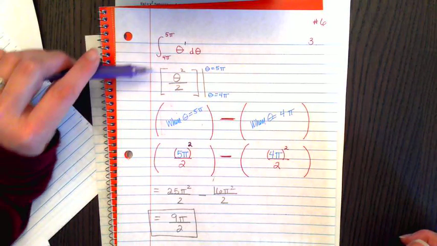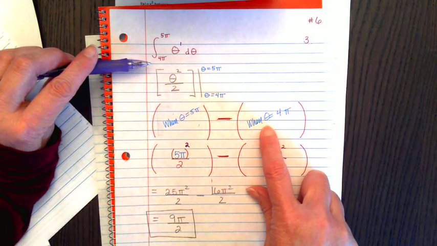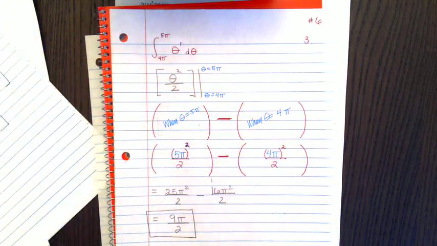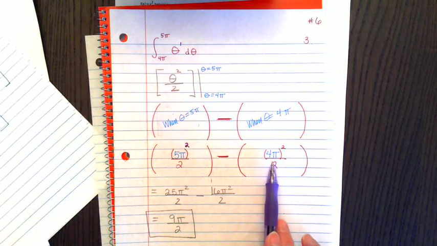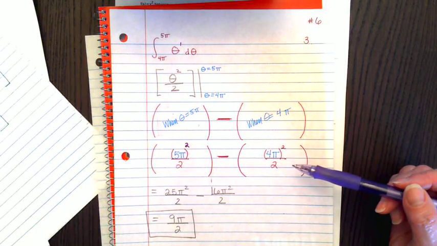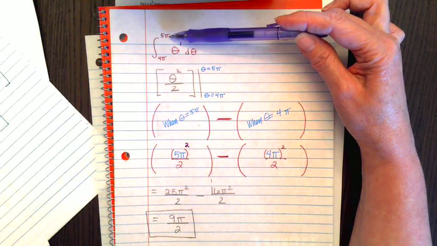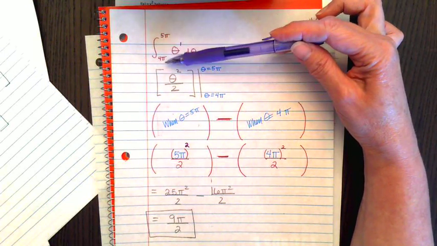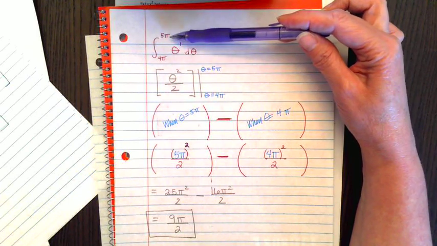So all we do here is insert a 5 pi for theta, insert a 4 pi for theta, and then subtract those. Notice you'll need to keep in mind that it's top limit, then ending limit. So this is saying we're going from 4 pi to 5 pi. So we start with the 5 pi and subtract the 4 pi.